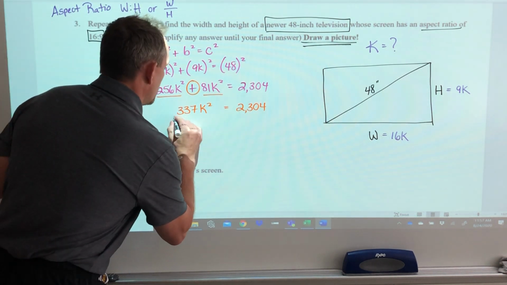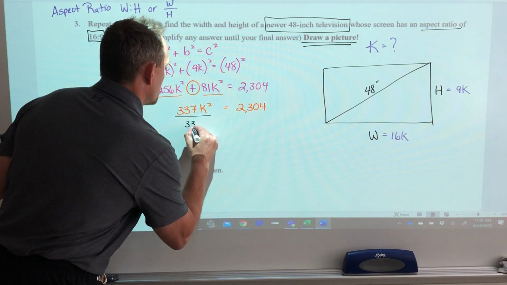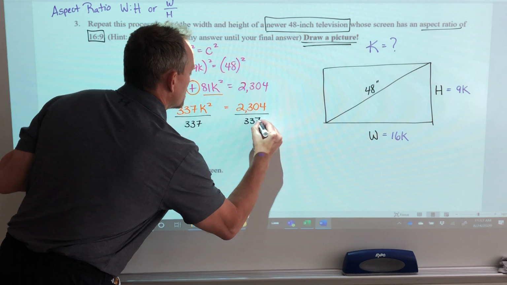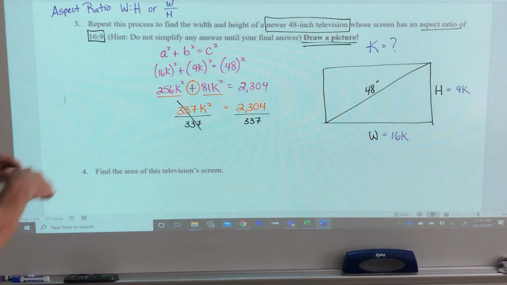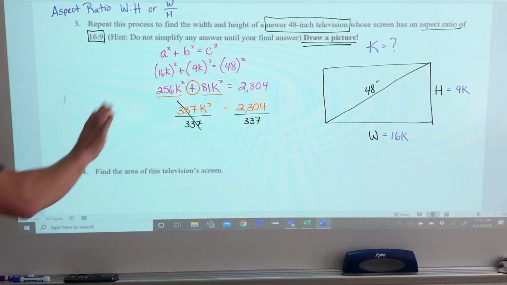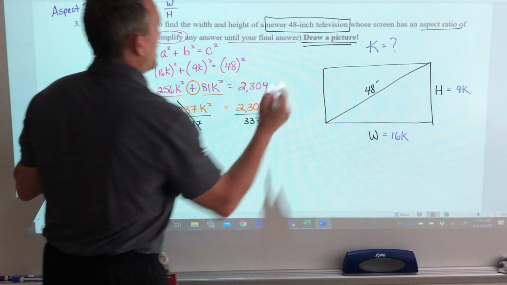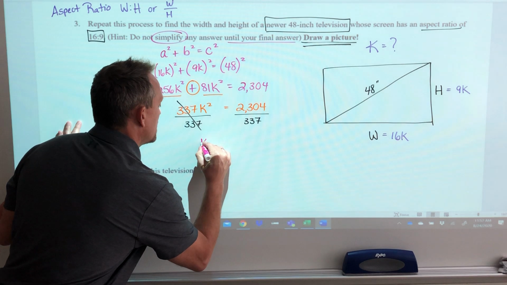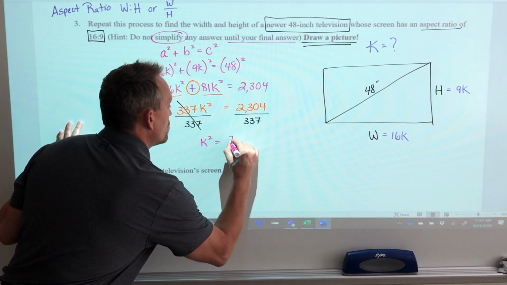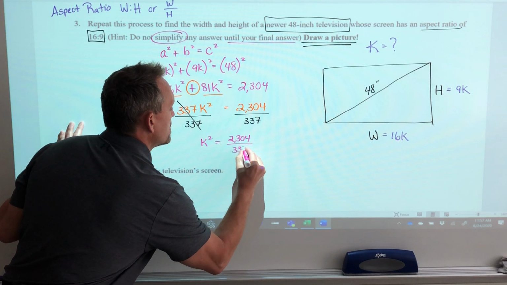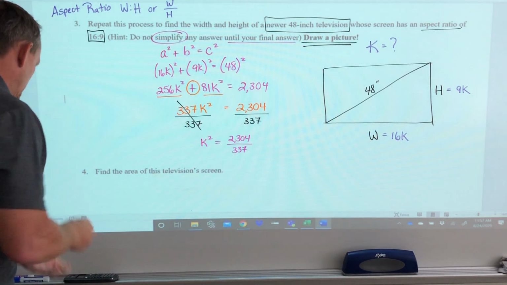Divide both sides. Again, do not simplify until your final answer. So I'm going to keep this as K squared equals 2304 over 337.